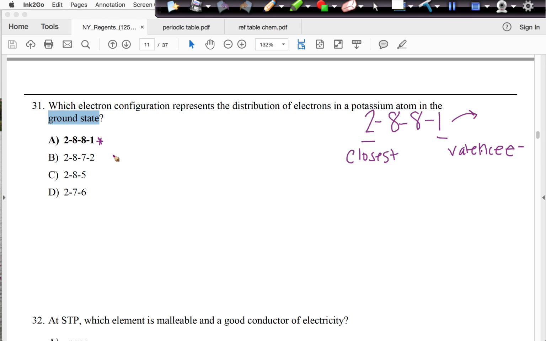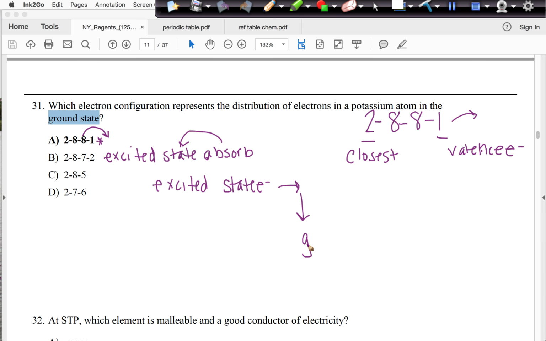Now this 2-8-7-2 can represent an excited state, and what that means is that one of these electrons moved further away from the nucleus. Electrons absorb energy to get into the excited state, and when those excited state electrons move back down to the ground state, they give off light.